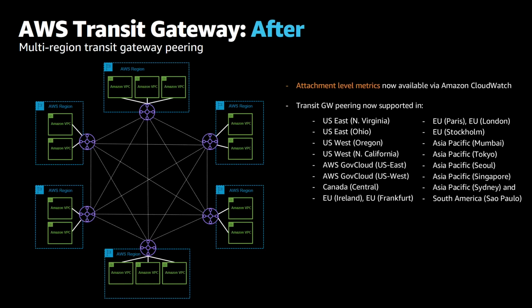The more you grow, the more VPCs you're going to have. And if you start doing VPC peering, which is what we had before, it can grow exponentially, so it could become a nightmare. Maybe 1, 2, 3 VPCs is fine, but if you have dozens and hundreds of VPCs, then it is recommended to start using the transit gateway. And then if you have multiple transit gateways, just go ahead and peer them.